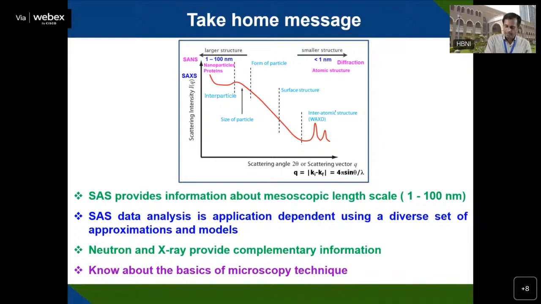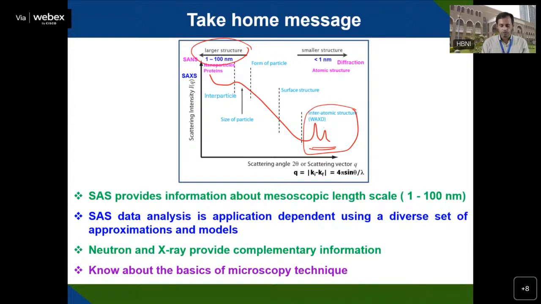In the case of wide angle XRD, powder diffraction or single crystal XRD gives the crystallinity or amorphous information. In small angle scattering the Q vector is small, theta is less than 10 degrees, and there you get large structure information, of size about 1 to 100 nanometers.